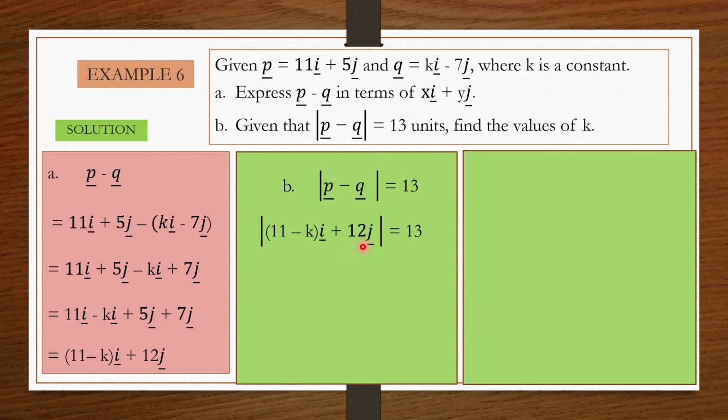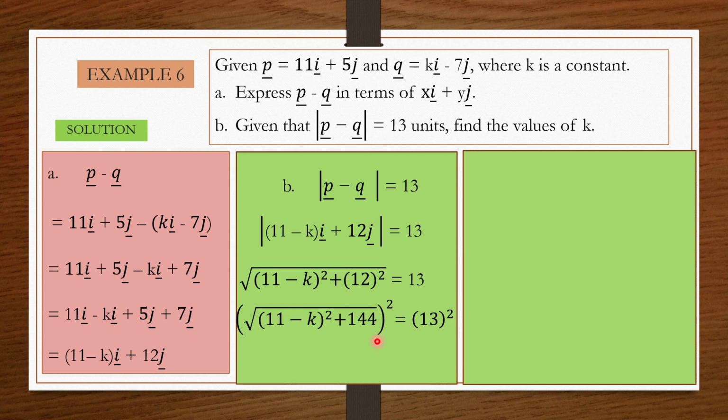Next, use the Pythagoras theorem to find the magnitude. So that will be 11 minus k in bracket square plus 12 square, the whole thing, then you square root, equals 13.